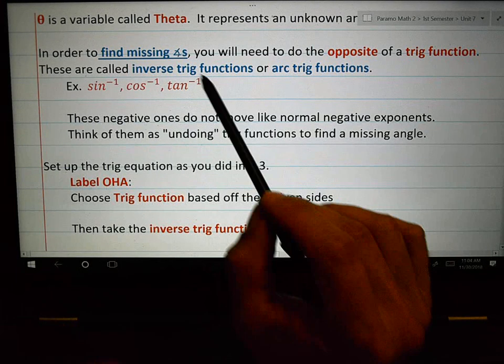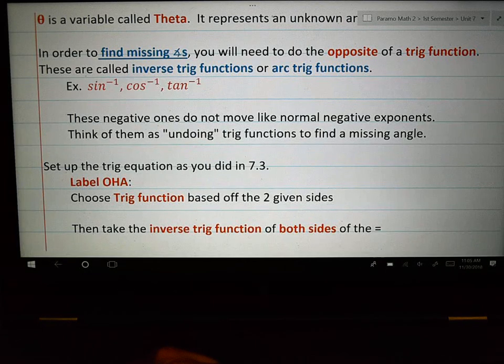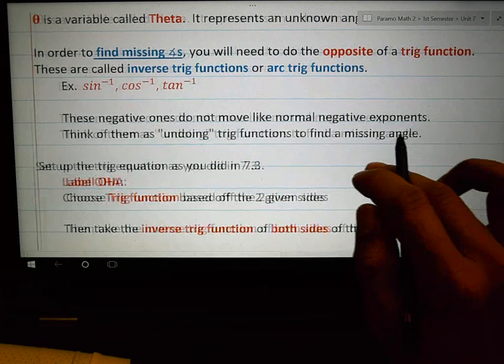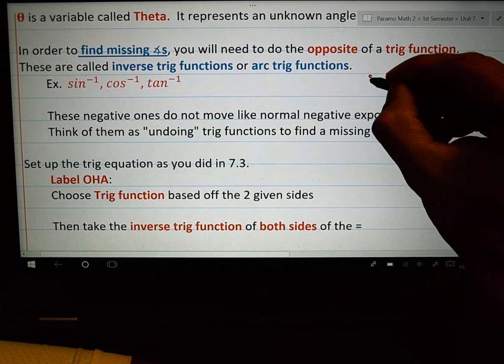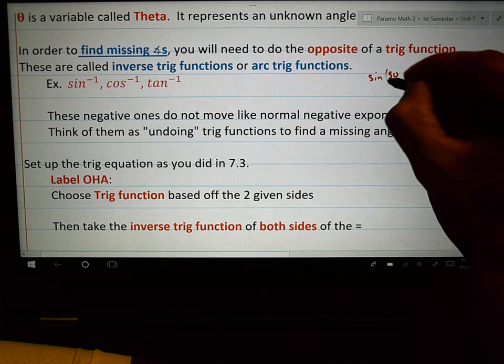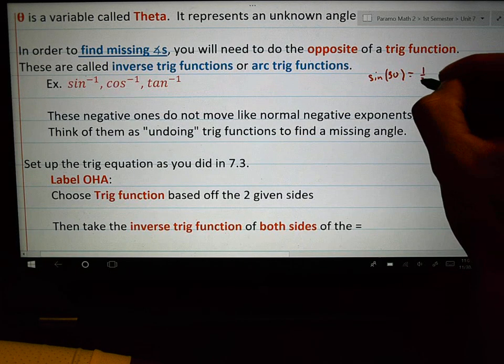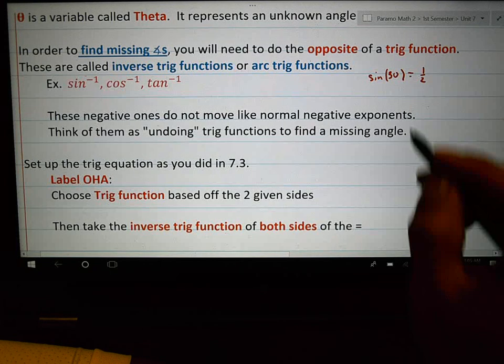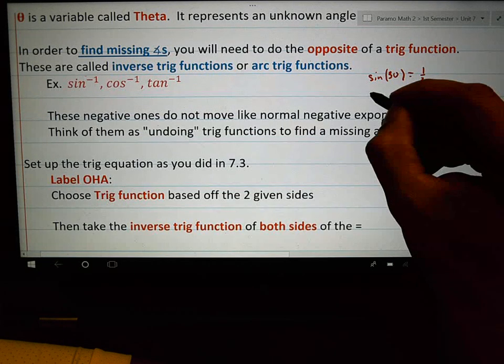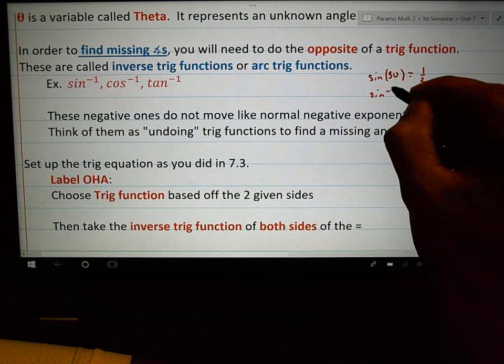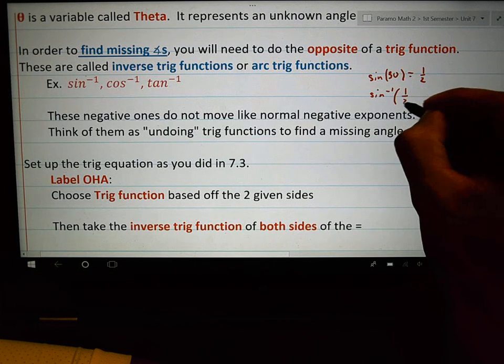It is used to find a missing angle. For example, I told you before that the sine of 30 degrees was equal to 1/2. Well, the opposite of that is true. This is the exact opposite of what I just talked about.